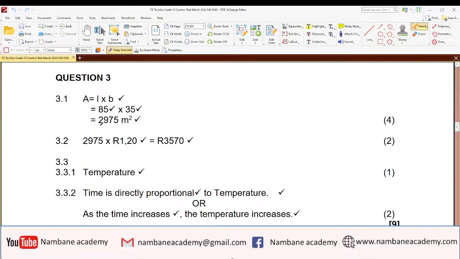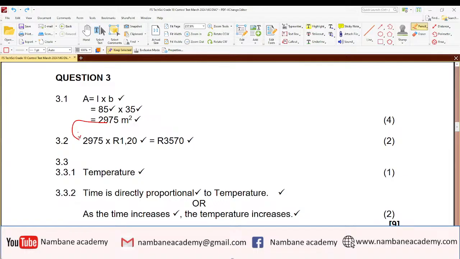However, ladies and gentlemen, it is only fair to say let's have here now positive marking.